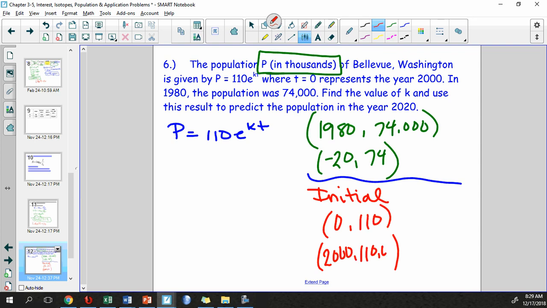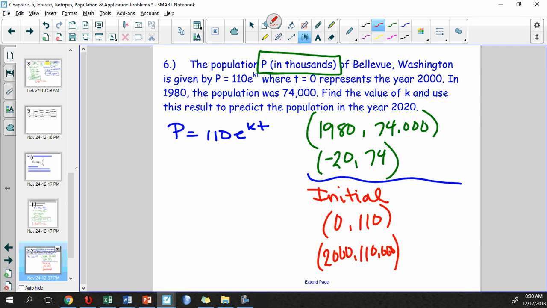Oh, I heard that. 110,000. Do we all understand that? Yes? So actually, I've been given 2 points of interest here. I've been given the year 1980 was 74,000, and I was given that in 2000, my population grew. Very good. It grew because it went from 74,000 up to 110,000.